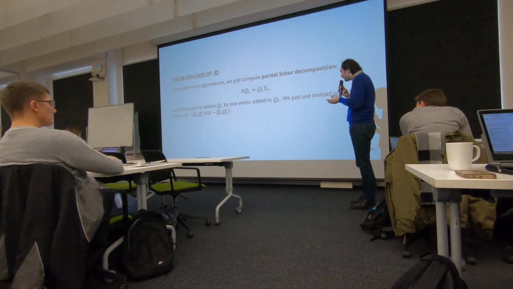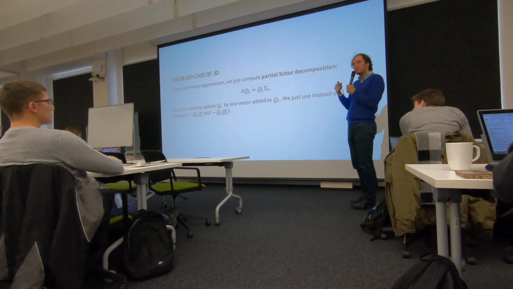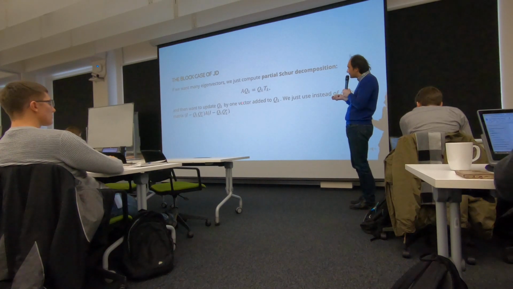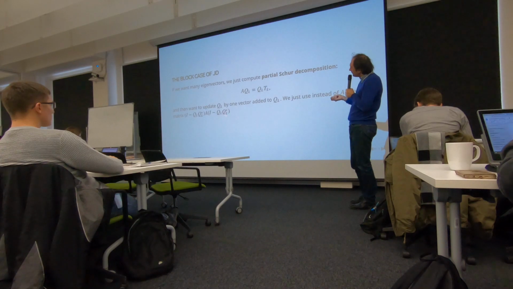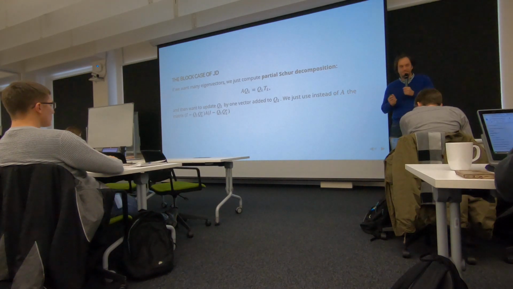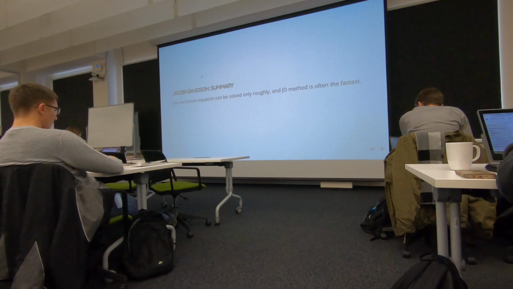Not the second eigenvector, you compute it one by one. You take the first one computed, or the k computed, and work with this matrix. So you have this matrix, then the largest eigenvector corresponds to the next one. And that's basically all about Jacobi-Davidson.